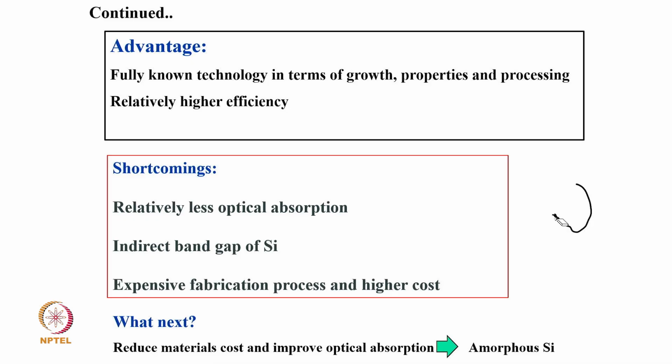It's a very fundamental concept. When you have the conduction band and the valence band of a material, and their K points are exactly matching, one on top of the other, we call it a direct band gap.